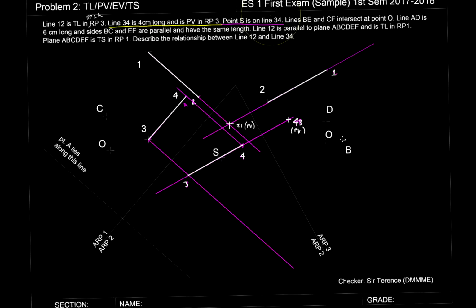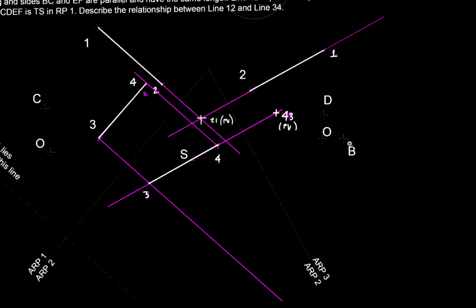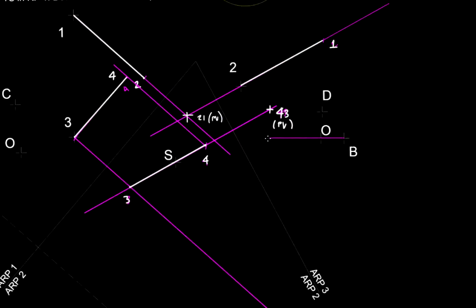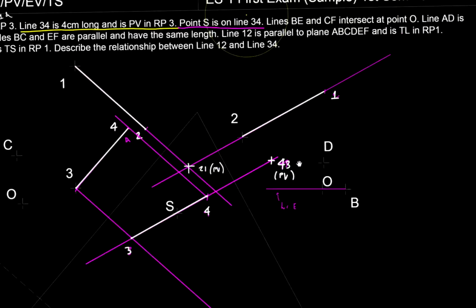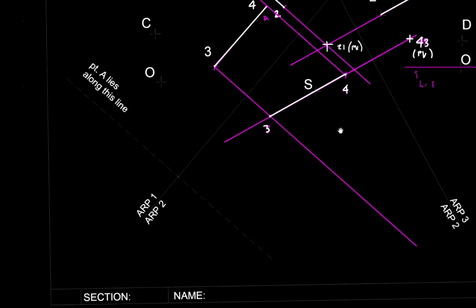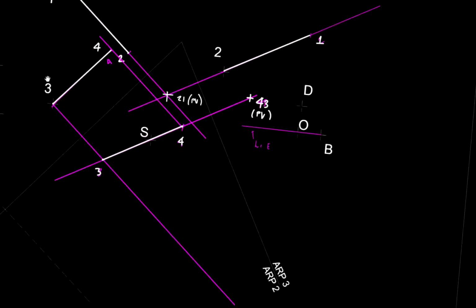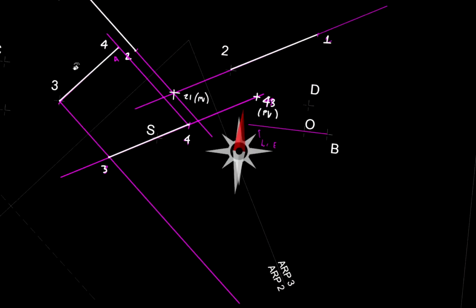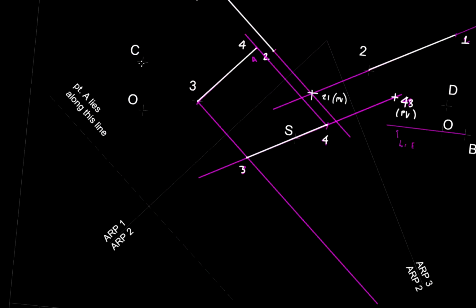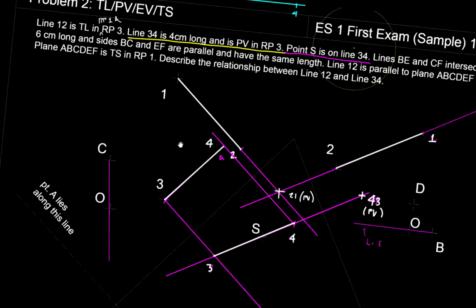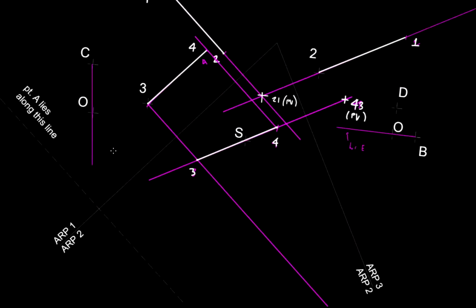Okay, so if I draw a line connecting etong si B and O, if I extend that, that is the location of, nandito yung location ni point E. Similarly, if I draw, kunwari i-line up ko to, no? If I draw something like that, then ito yung location of F, somewhere along this line.